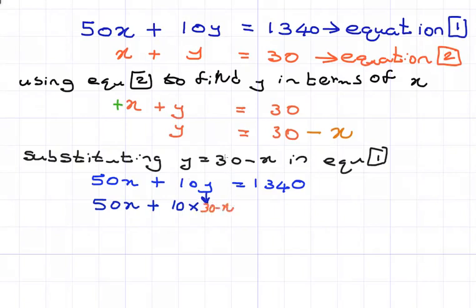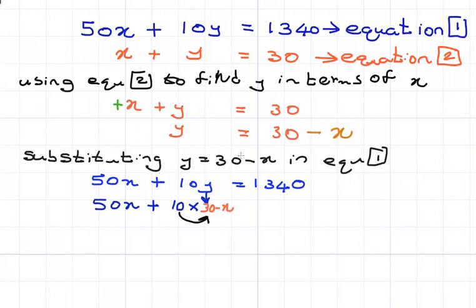Now, when I write in this way, do you notice or do you feel a mistake has been done here? I feel there is a mistake. All right, what's the mistake? Now, if you simply write 30 minus x in this way, only 30 gets multiplied by 10.